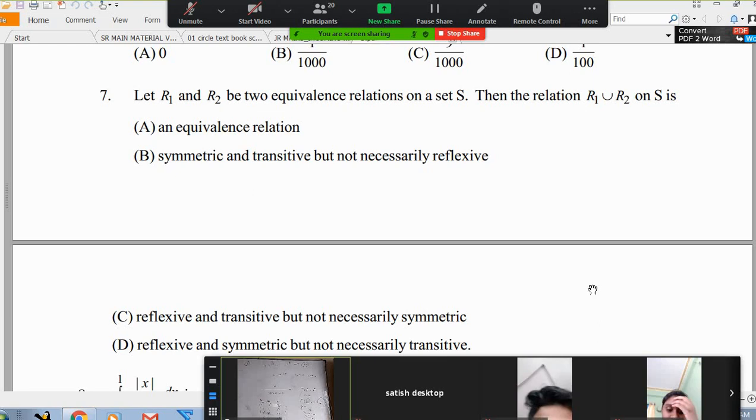We have a set S. R1 is a relation from set S to set S. R2 is also a relation from set S to set S. Both are equivalence relations. If you take their union, will you get an equivalence relation or not? You should have a little maturity to answer this, but it is not difficult, if you remember what reflexive, symmetric, and transitive mean.